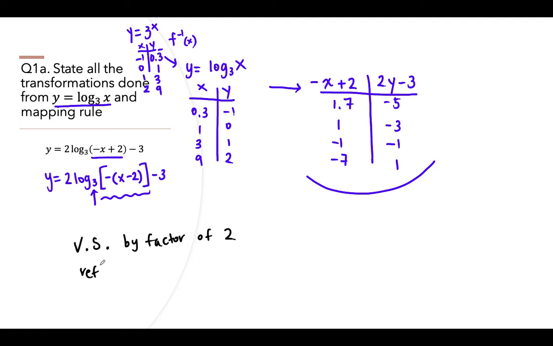So we have a reflection through the y-axis. And that's it. And then we are moving right 2 horizontally and down 3 vertically. And these are all the transformations to my given logarithmic function, log base 3 of x.